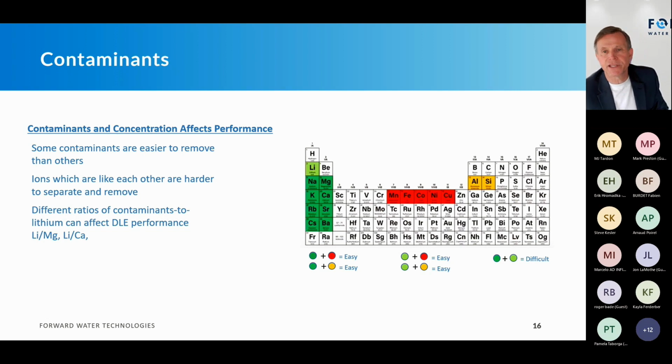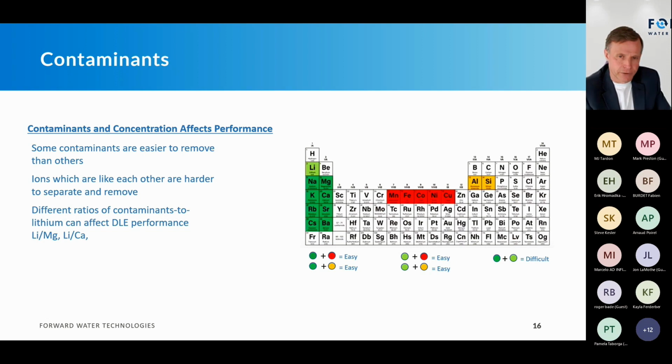So this is why, in a lot of the analysis, if you haven't picked up, you'll say, okay, what's my lithium to magnesium ratio? What's my lithium to calcium ratio? Those ratios are important to have because they dictate the difficulty you're going to have with respect to separation.